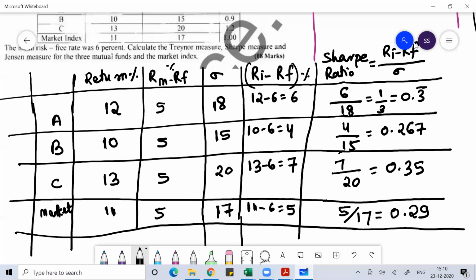Any doubt, anyone? Should I continue then? Everyone written down this?